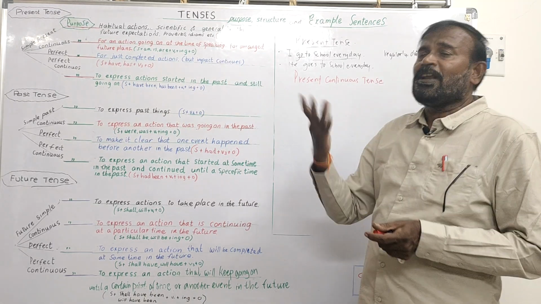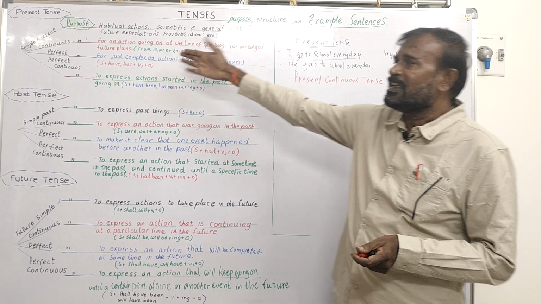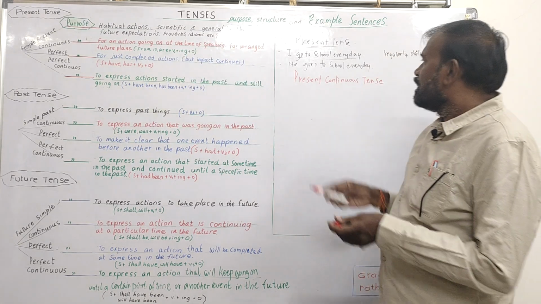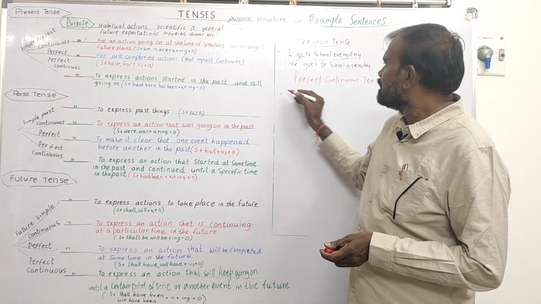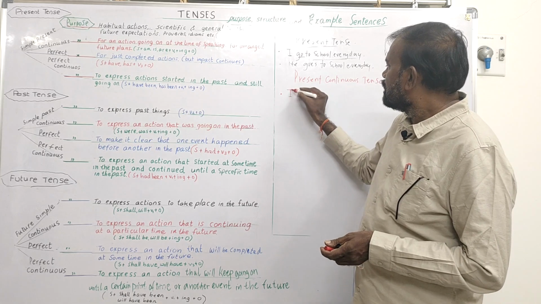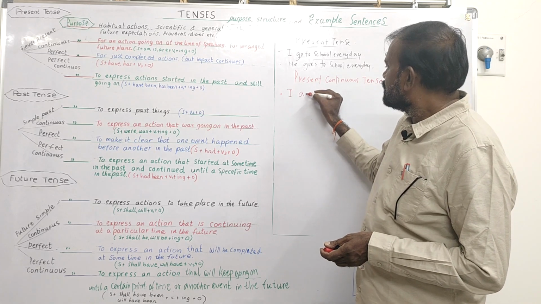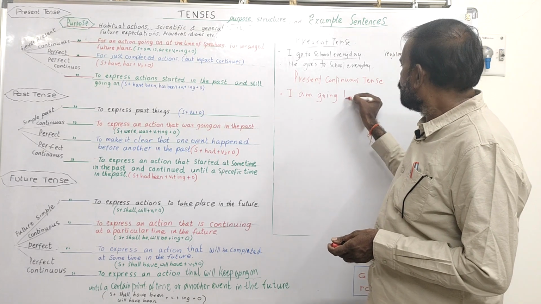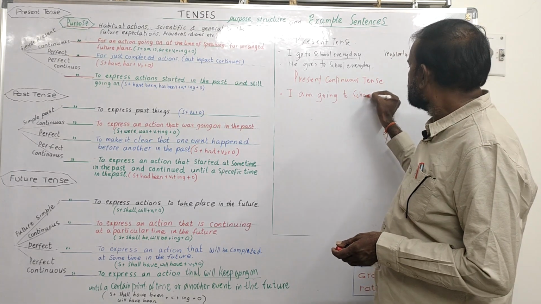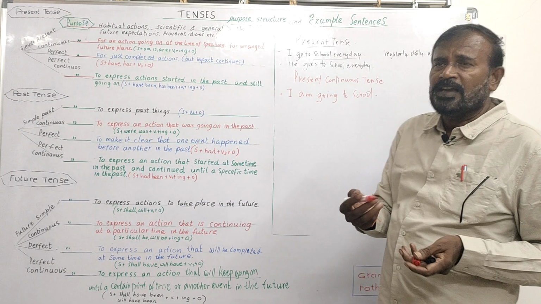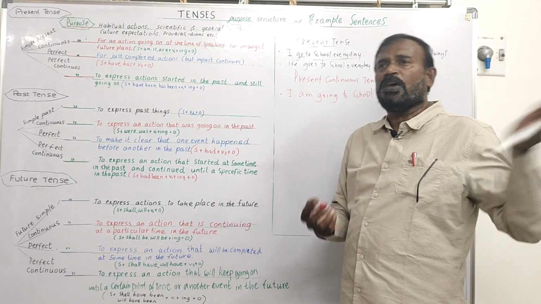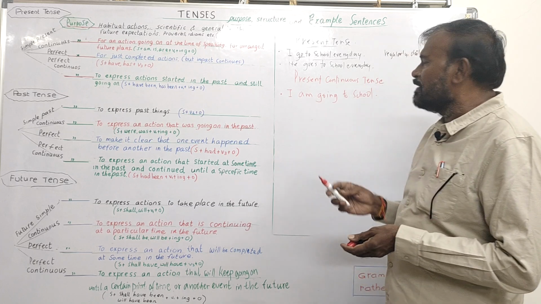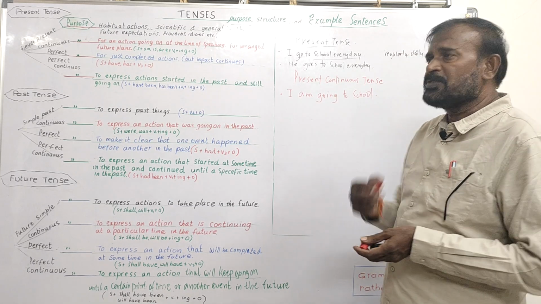It may be temporary. The structure is written here. The example: I am going to school. Or I am doing something, I am teaching, you are listening to some sounds. We are listening to some sounds.